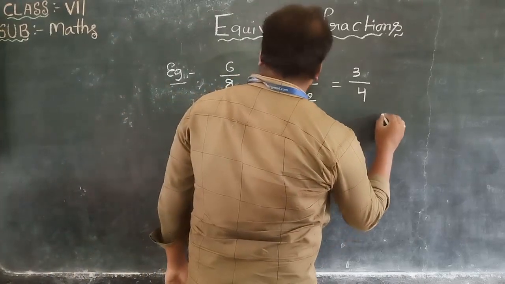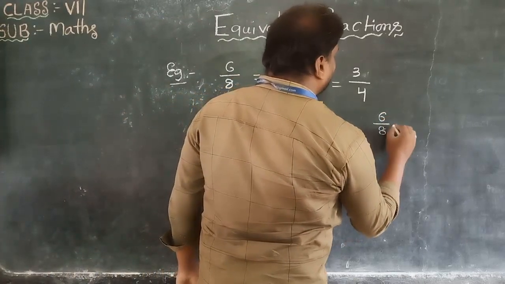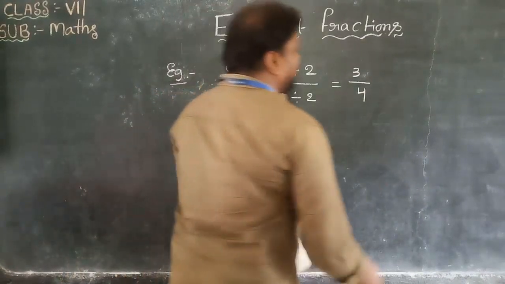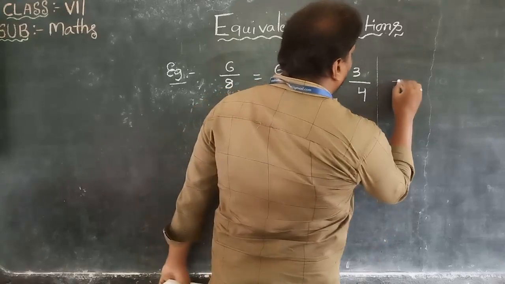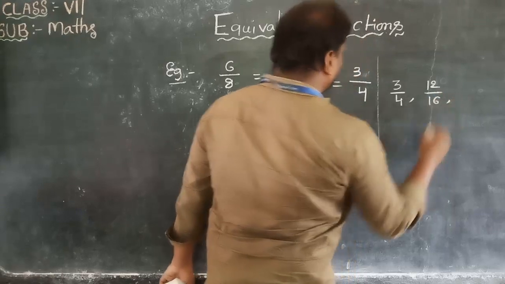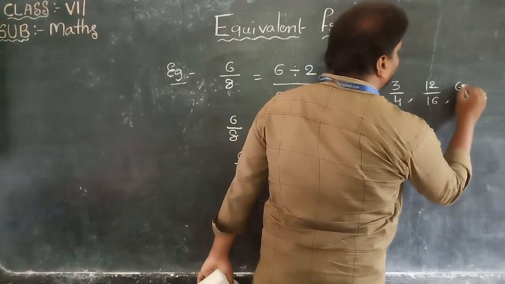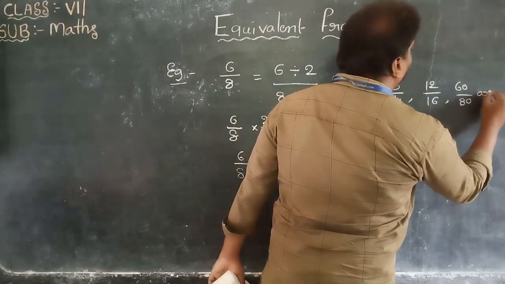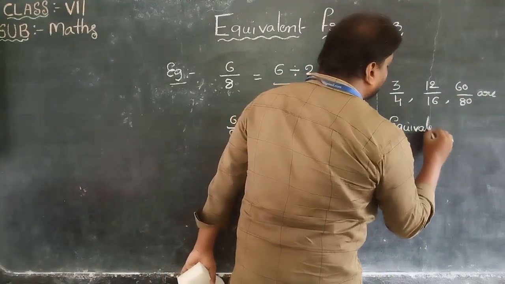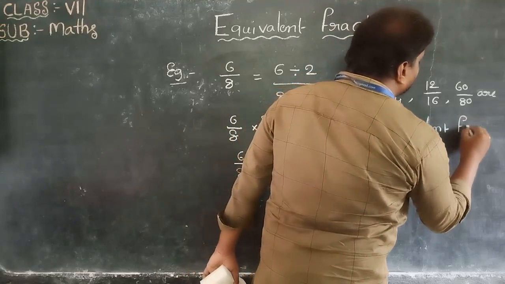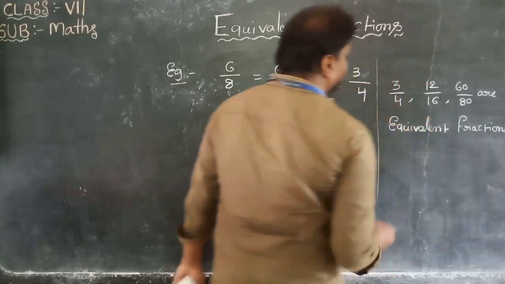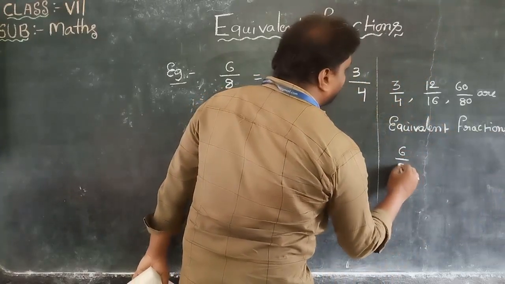Then these, the first one, 3 by 4, 12 by 16, 60 by 80 are equivalent fractions of 6 by 8.